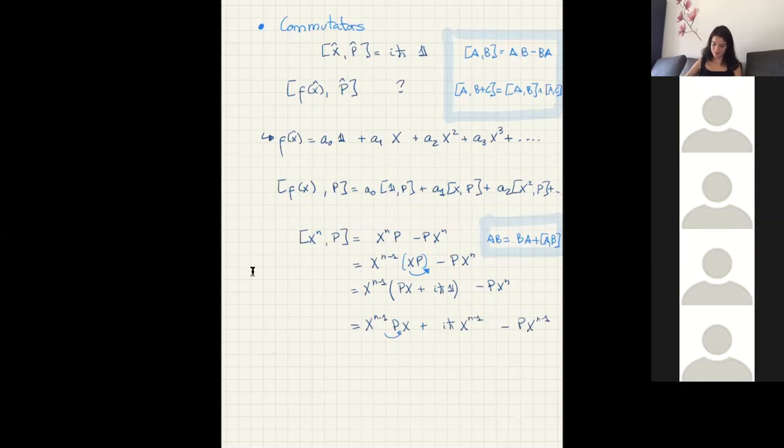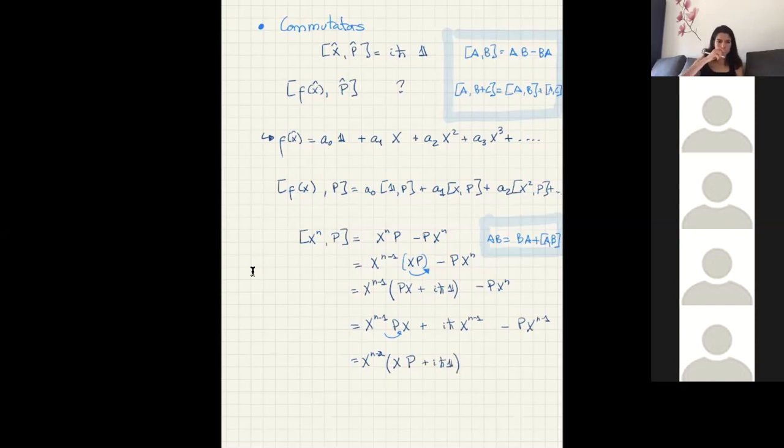So I'll just write this whole thing again. We have x to the n minus 2, and then we have xp plus i h bar identity.